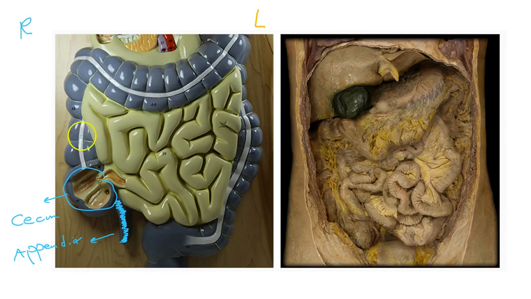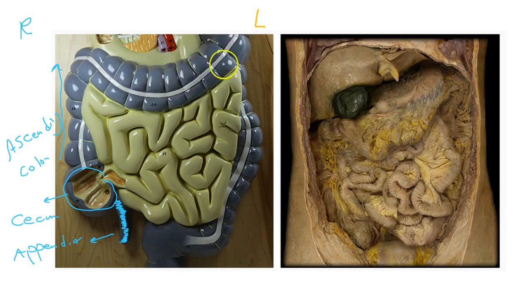Okay, and then this part of the large intestine is called colon. As you can see, it goes up toward the liver. So we call this ascending colon. And then this side, it goes from the right side to the left side, or under liver to under spleen.